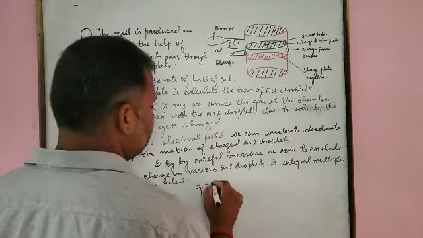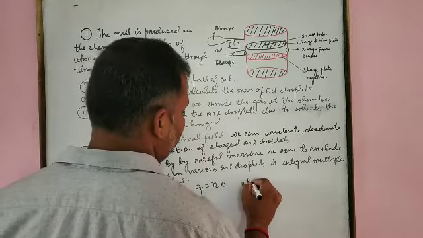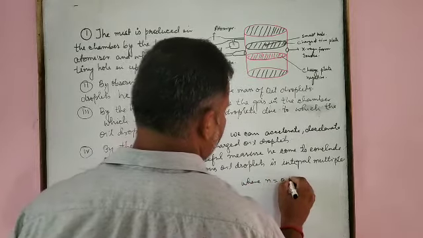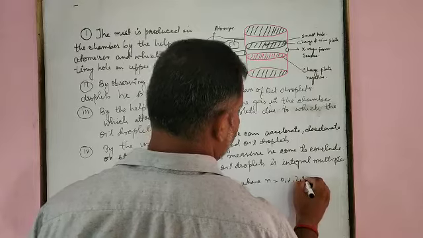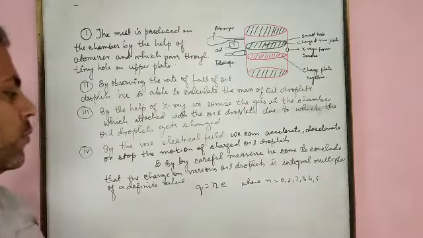Q equals n times e, where n equals 0, 1, 2, 3, 4, 5, not 1.5, 2.5, 4.5.